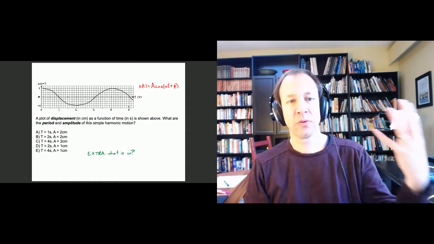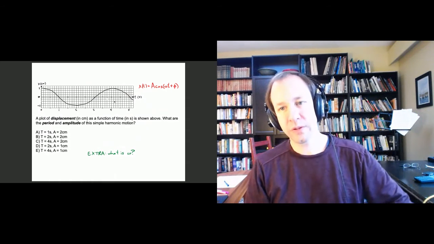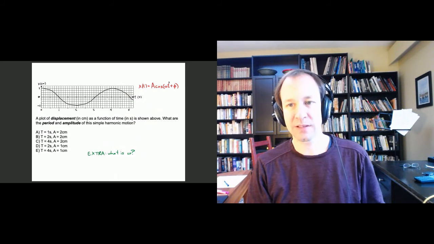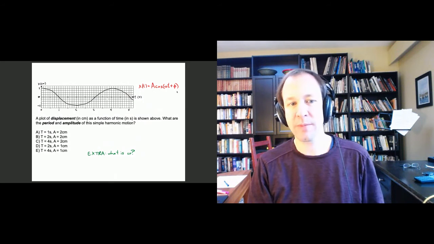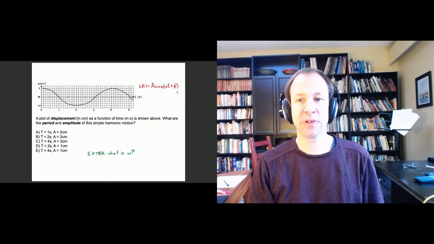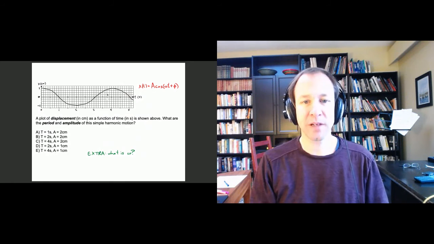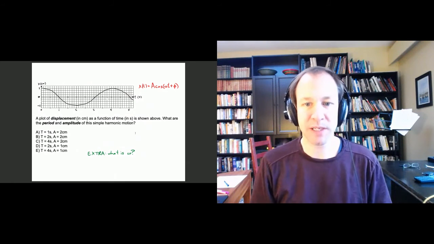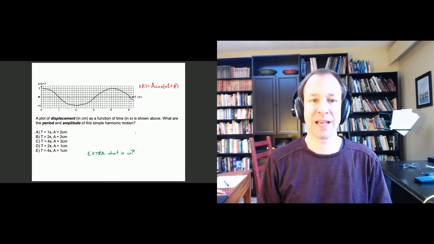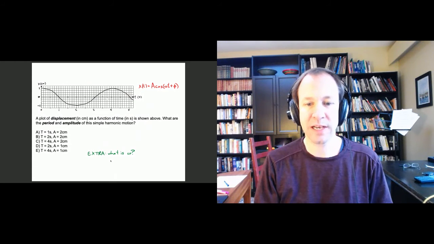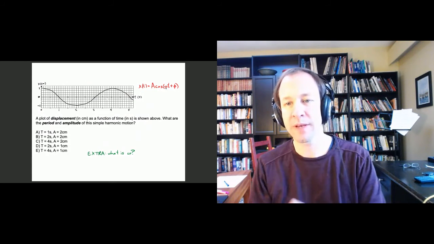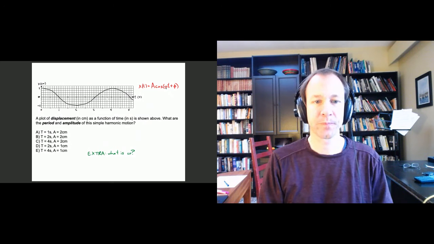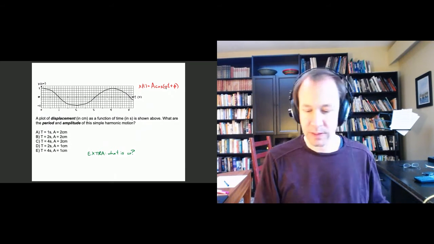And what I've told you is that these kinds of oscillations are going to be described by this particular function for some choices of the parameters. So what I want you to do in this question is just figure out from the graph what the amplitude of this oscillation is and what the period of the oscillation is. And then if you have extra time, see if you can figure out what this omega parameter is in the cosine function. Okay, so let's do that.